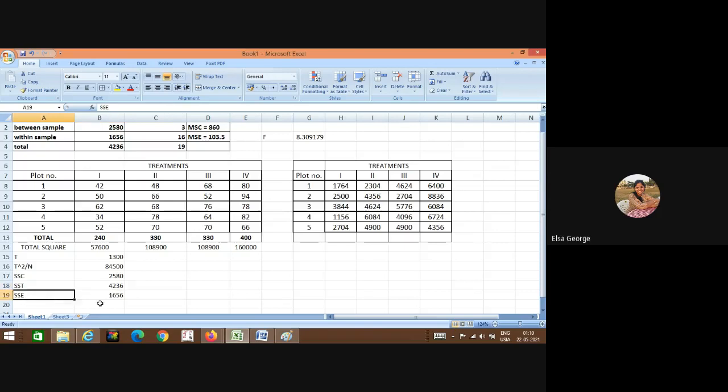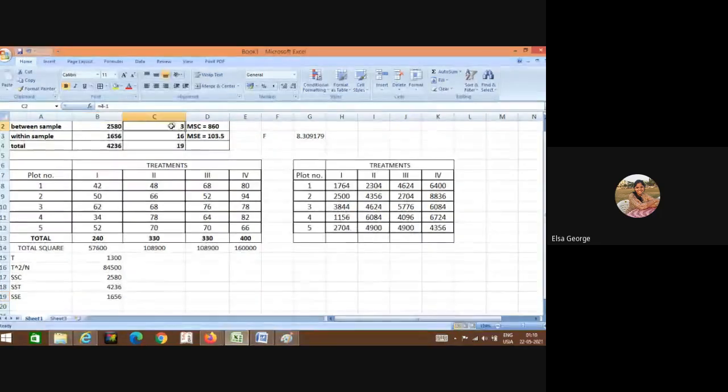Then your SSE is the difference between SST and SSC. SST minus SSC is equal to SSE. Then fill all these values into your table. Then you have k minus 1 and n minus k. K means the number of treatments or the number of groups that you have. In this particular case, you had 4 groups, and therefore k minus 1 is 3.